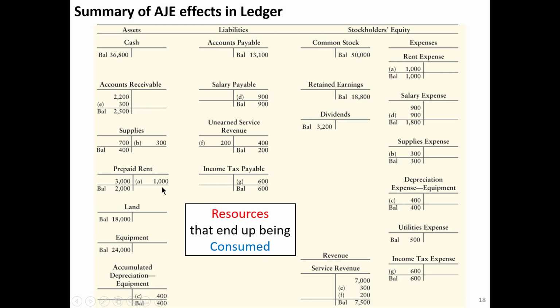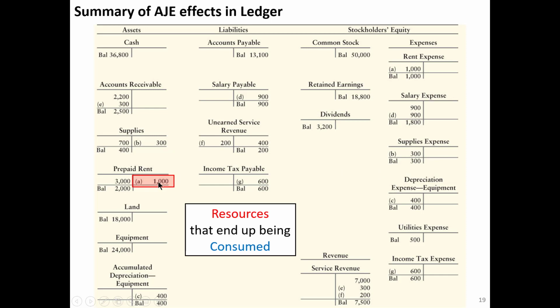So realize that what we see here are the resources that end up being consumed. Most assets are essentially deferred expenses. We pay money for things. They're essentially prepaid items that will be consumed over time. So there's supplies shifting over to supplies expense.